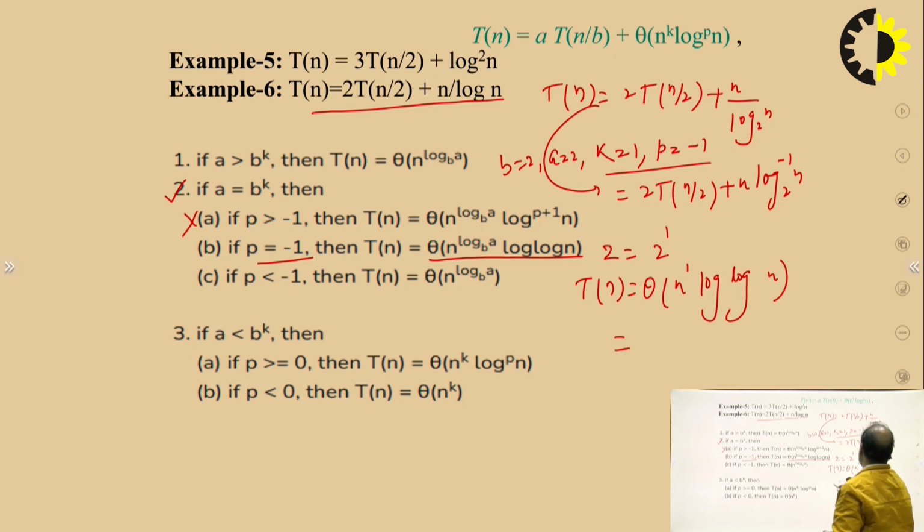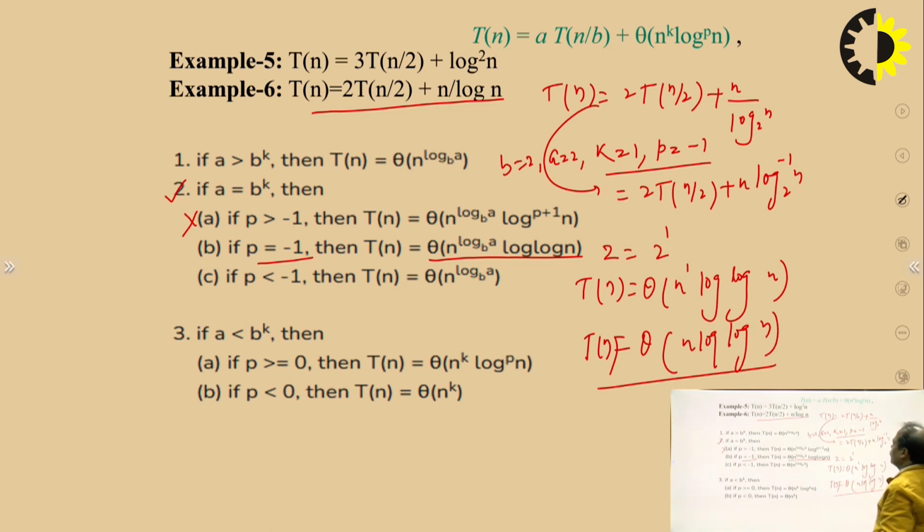So the solution in this situation is T(n) is theta n log n. So this is one of the solutions. It is very important. Many times this question has been asked in the examination.